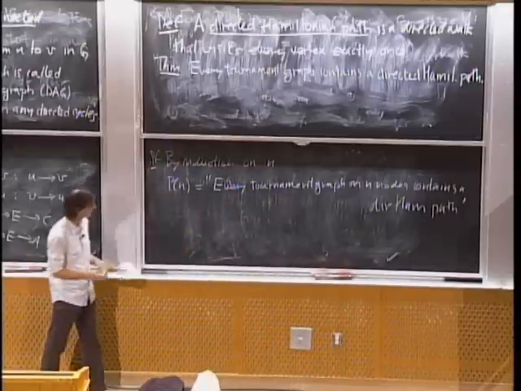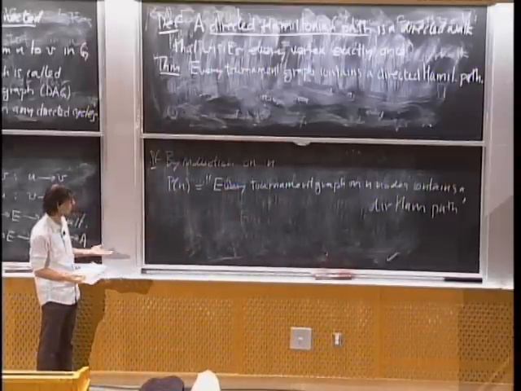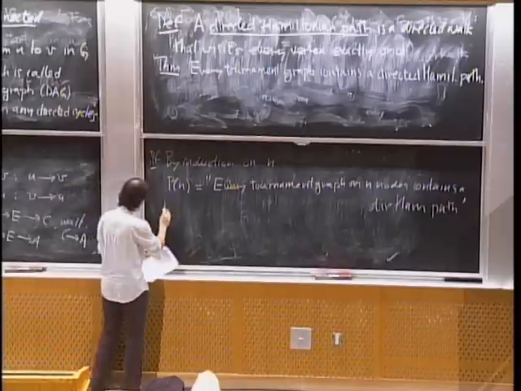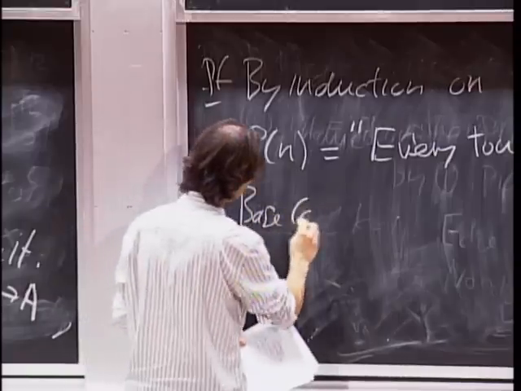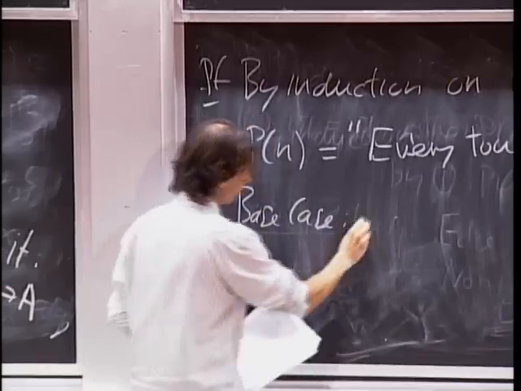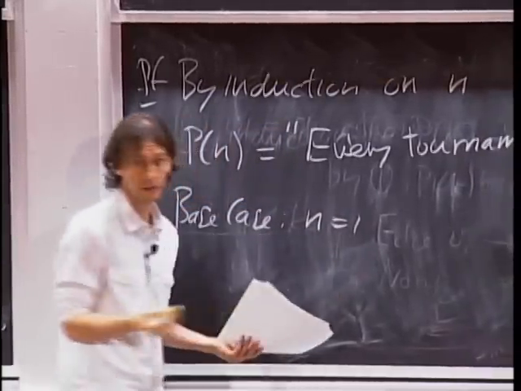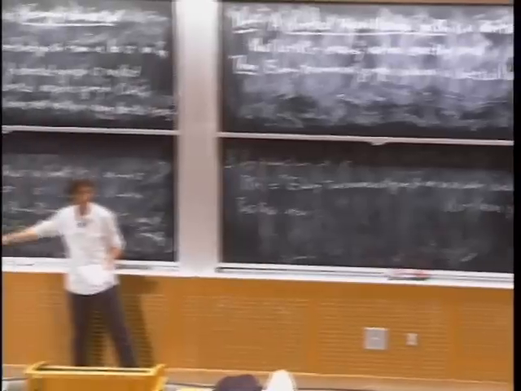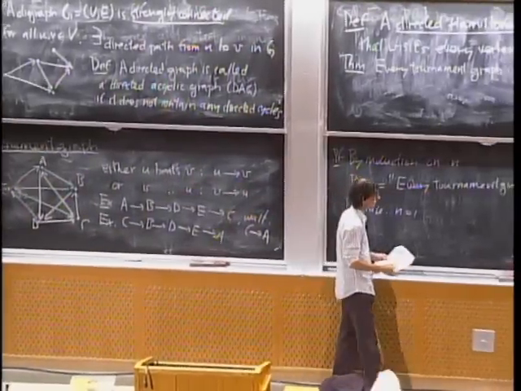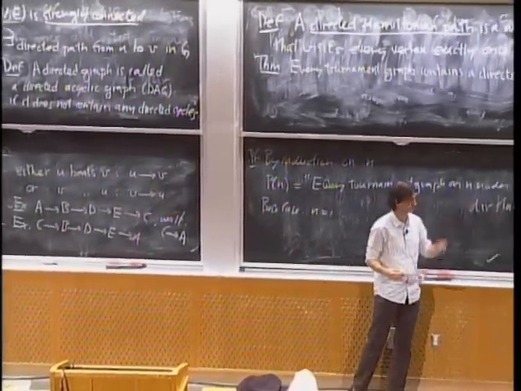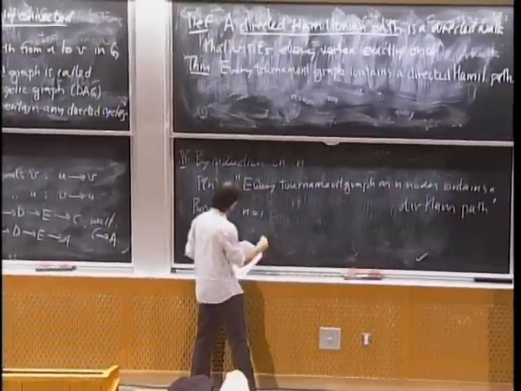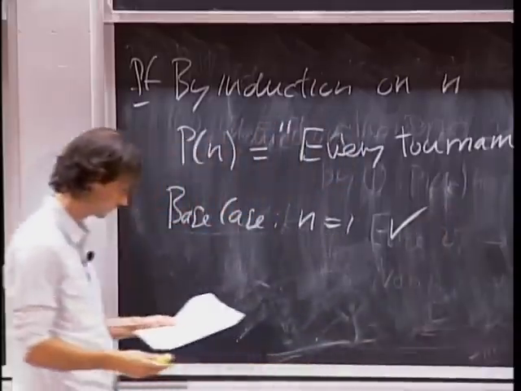So when I think about that, I feel pretty confident, because if I look at the base case, that's how we always start. n equals 1. If n equals 1, I have just a single vertex. There's no edges, everything is fine, because the single vertex is a directed Hamiltonian path. So this is great, so this works.